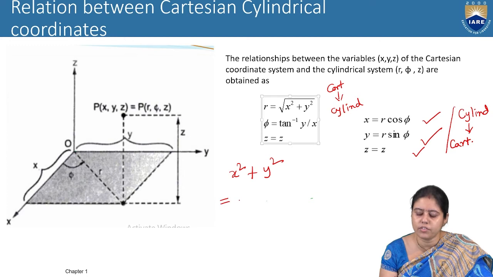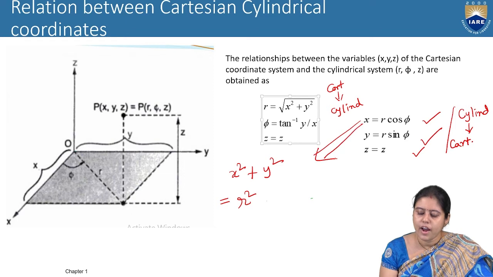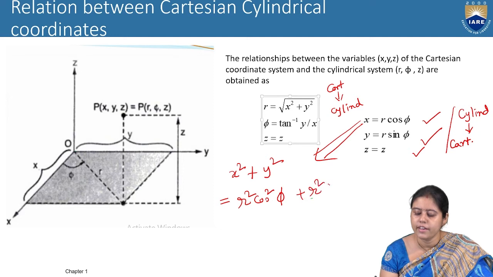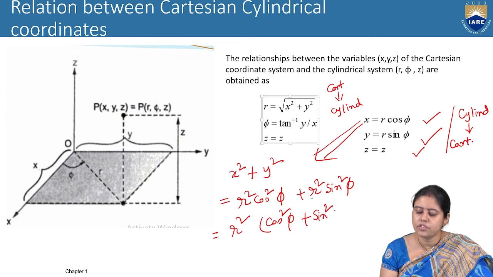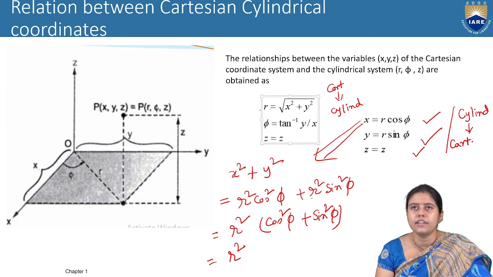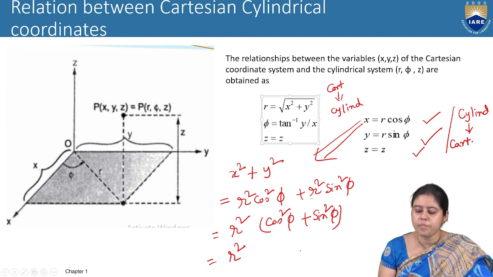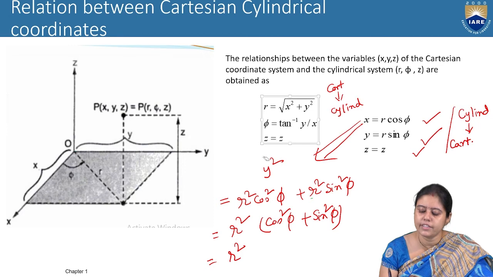R square cos square phi plus R square sin square phi. If we take the R square constant, cos square phi plus sin square phi is equal to 1, so it is R square. So we can write the first relation, R is equal to root of x square plus y square.